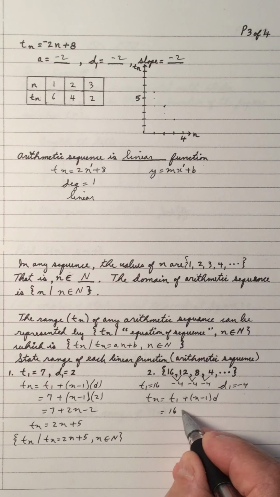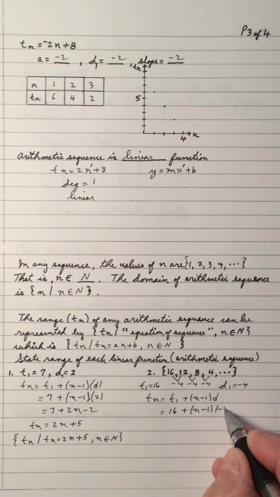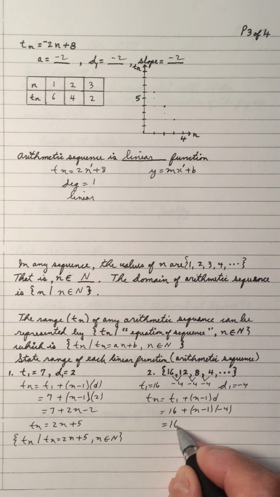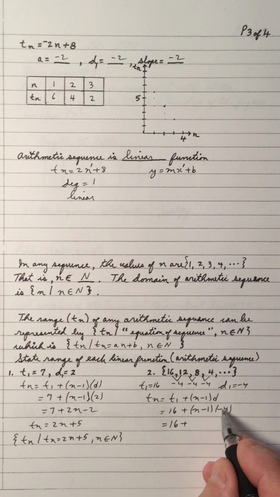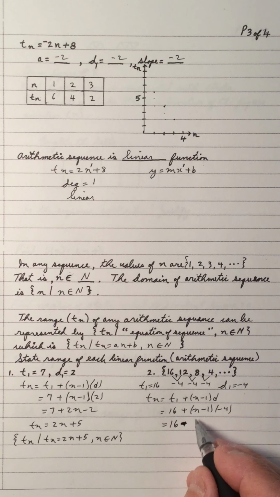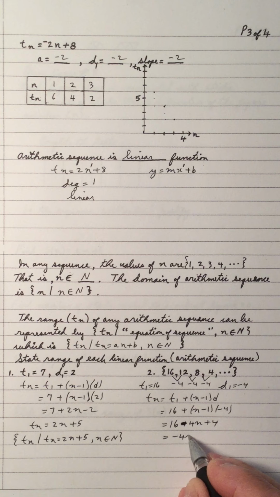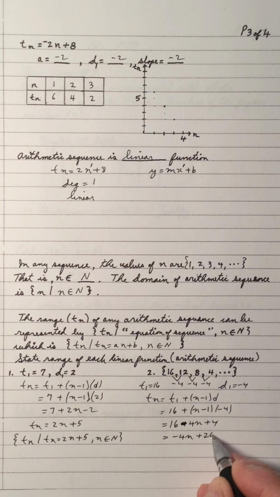T1 is 16, plus n minus 1 times negative 4. Negative 4 times n is negative 4n. Be careful. Negative 1 times negative 4 is a plus 4. So the equation is negative 4n plus 20.